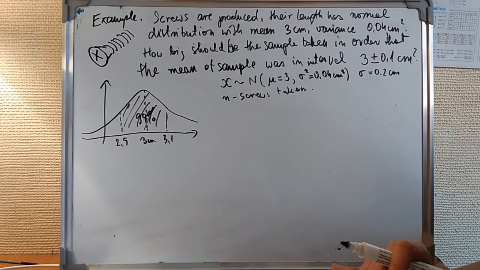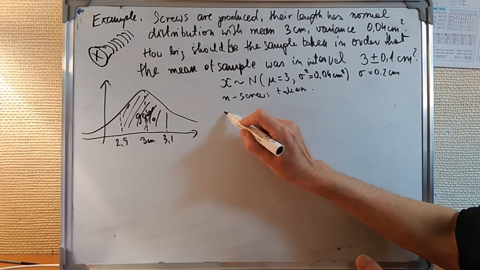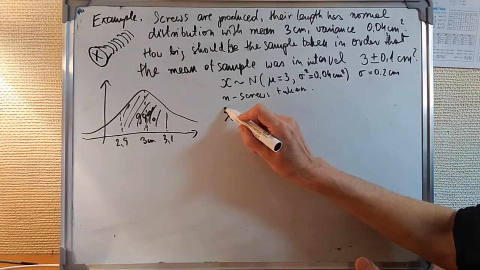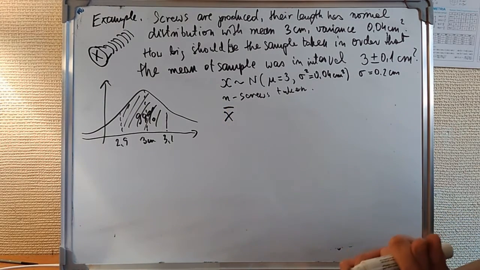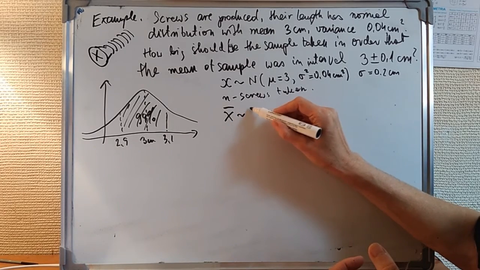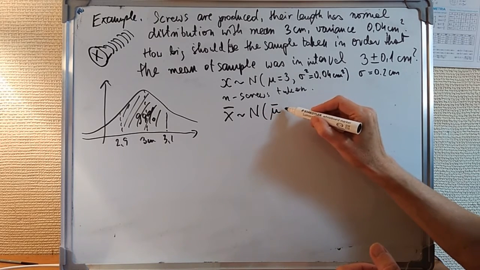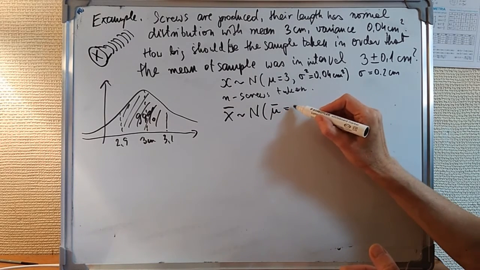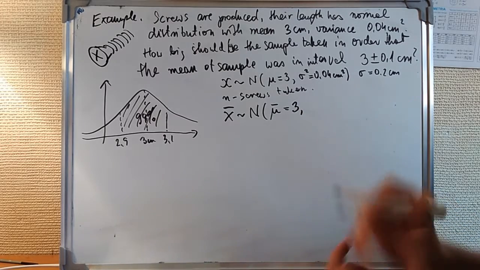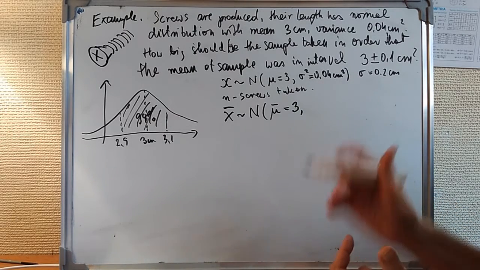What will be changed? Based on the previous theorem, what do we know? We know that the sample has some mean. The mean of the sample, let it be denoted by x dash. It so happens that the mu of this mean is also 3. But the variance is a little bit different.